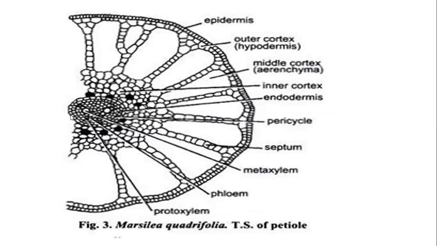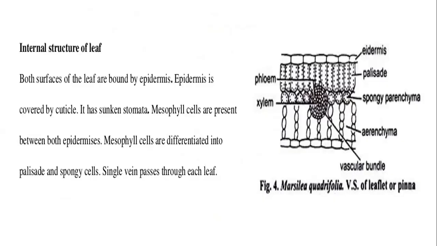This is the central stela region, having a single layer of endodermis and pericycle. Internally is how we are identifying the petiole. The xylem is in the form of a V-shape, a simple protostelic condition, and surrounded by the phloem. This is about the anatomy of the Marselia petiole.